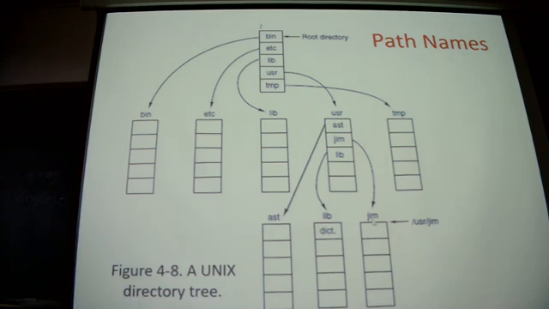So we can write the absolute path of Gene. We just begin from the root to user, and from user to Gene. So we can see that the absolute path is slash user slash Gene.